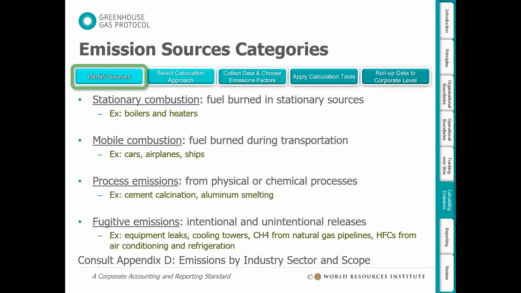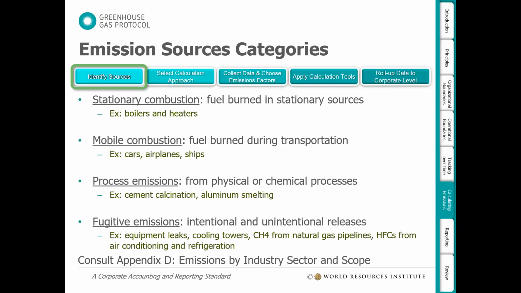Process sources are physical or chemical processes that emit greenhouse gases, including such things as cement calcination, aluminum smelting, etc. And fugitive sources are unintentional releases of greenhouse gases from, for example, natural gas transmission and distribution systems, air conditioning equipment, etc.